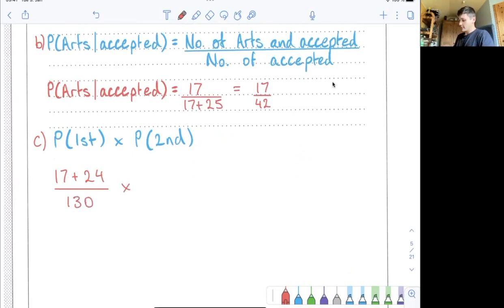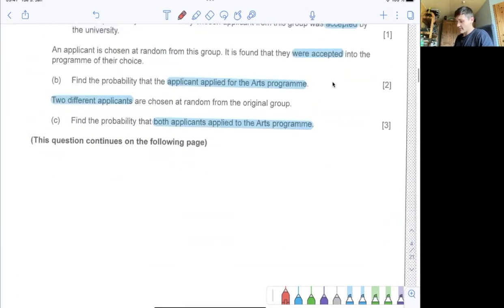Now, in order for us to calculate now the probability that the second applicant also applied for the arts program, and stressing the fact that they're different, we're going to have to remove that first applicant from the pool or from the group. Okay, so we can't choose them again. Okay, so it's basically without replacement. Lots of probability courses talk about that, with and without replacement. So this is without replacement, right?